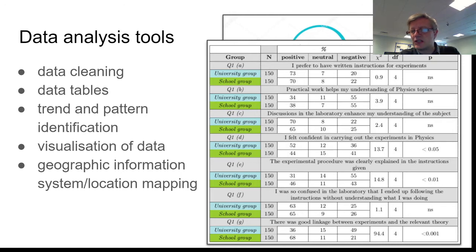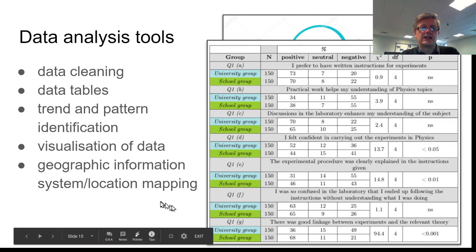It all kind of makes sense to me. It's all broken down into different university groups and school groups. It's all question one. It's question 1A and B and C and D. And so it begins to make sense to us rather than just numbers, survey results, facts and figures and so on. So data tables are another good way that we can analyze and get some context and meaning out of our data.